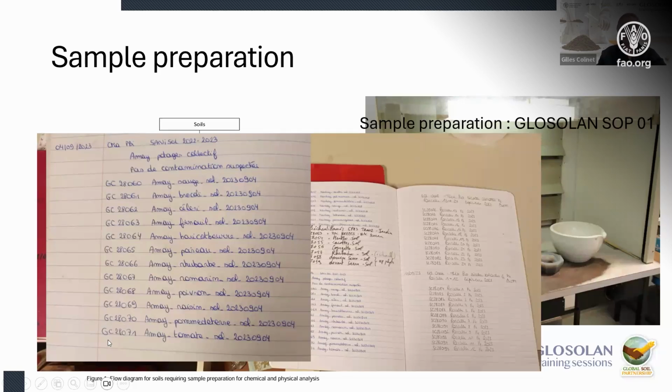And you must give information about the people who are responsible of the study, the kind of samples, if they are contaminated or not contaminated, the date of the sample, and then you have a unique ID for every sample. GC for glycolinate.